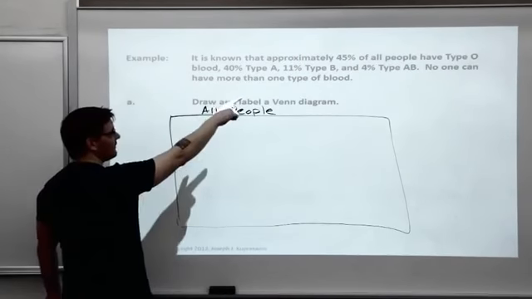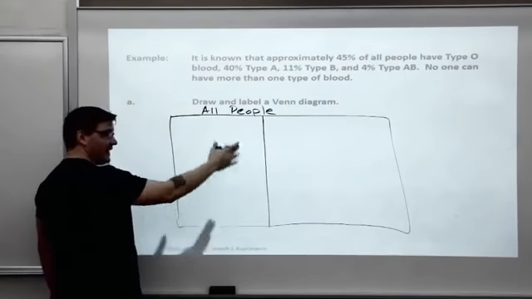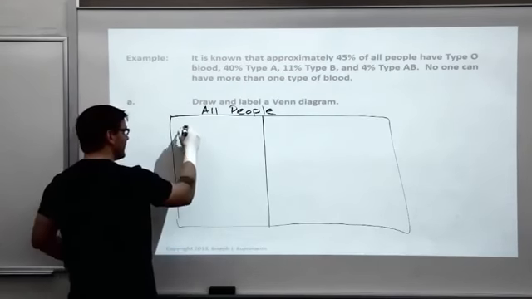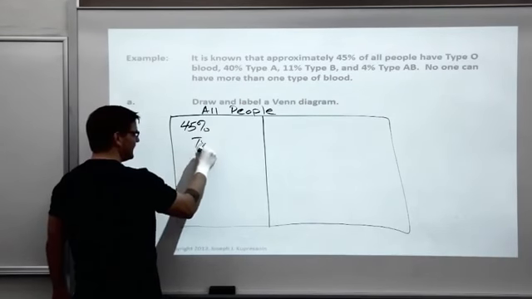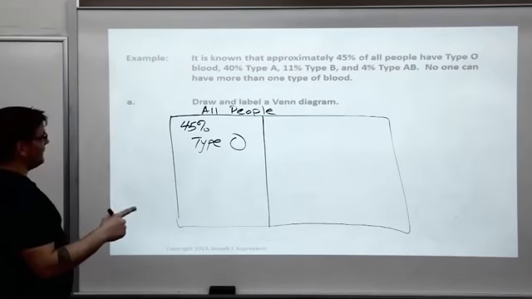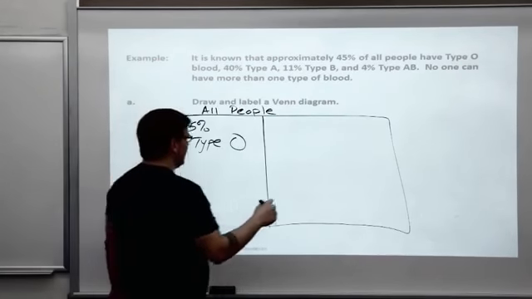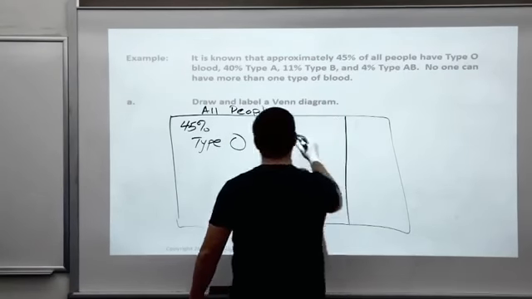Let's see, 45% are type O. Let me just put a line here. This is about 45% of the area of this rectangle. So I can label that here, 45%. This is type O. 40% are type A, so another little, maybe about this much here.